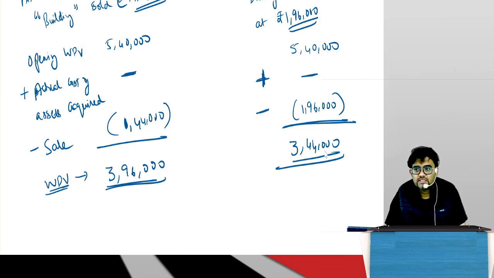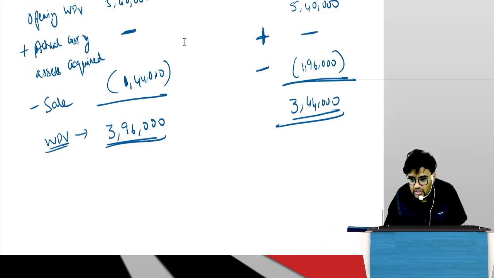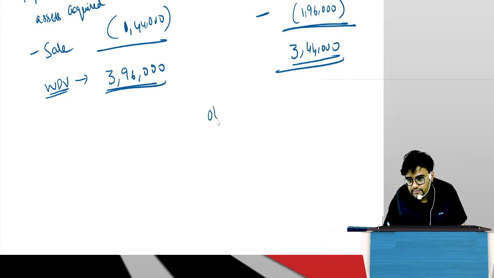Correct? 3,60,000 was there in the old method.